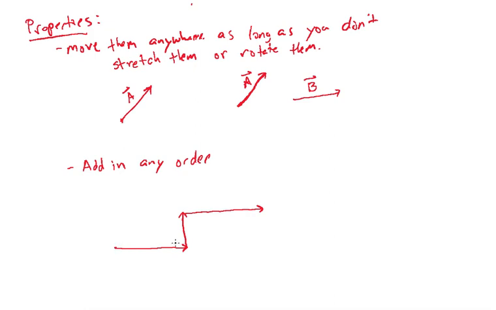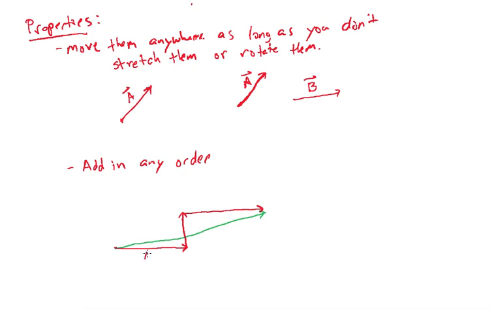So I'd walk along the first vector in the direction of there, and then I'd walk along the second vector, and then I'd walk along the third vector. I've basically added these up. I've put them in an order that lets me add them, and I get a resultant that looks like that. Okay, right from the start to where you ended up, and that would be that resultant we talked about a few minutes ago.